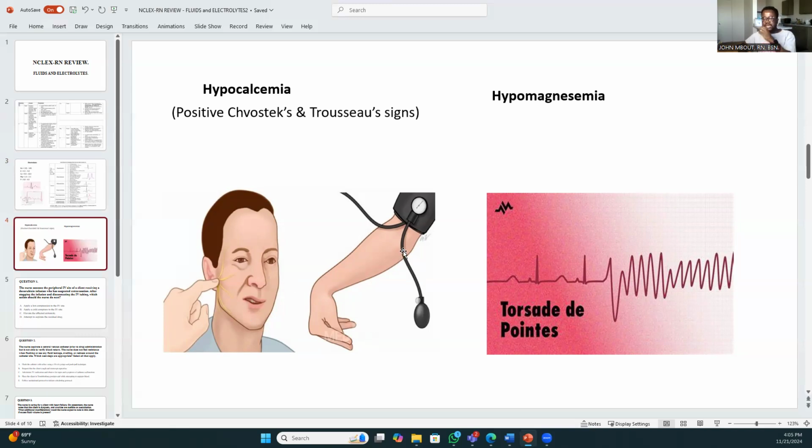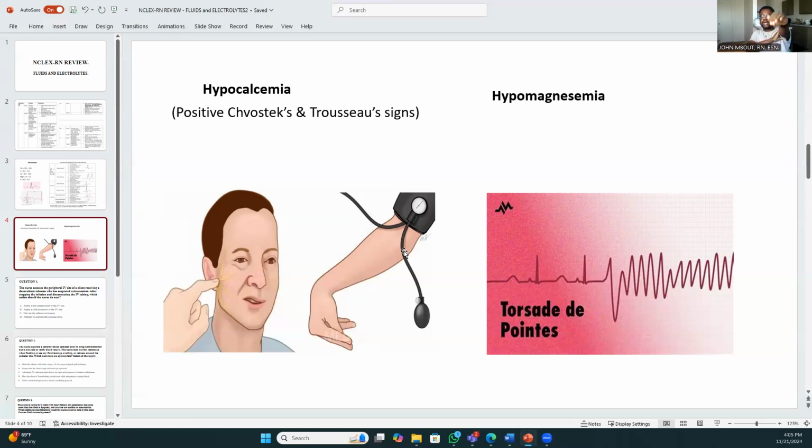Trousseau sign: when you apply a blood pressure cuff and inflate it above the systolic blood pressure value, the hand will curve.